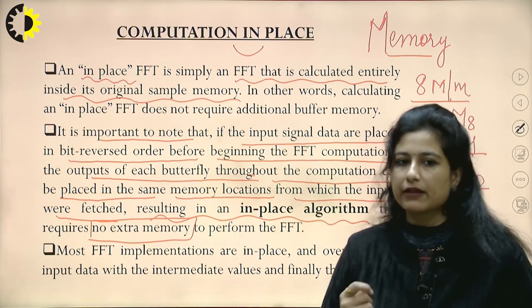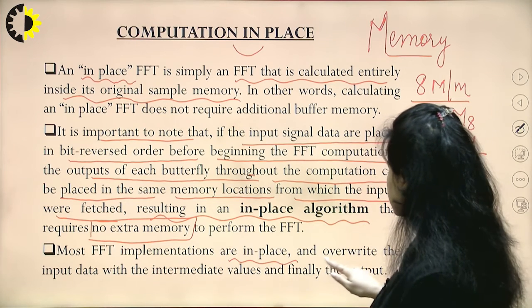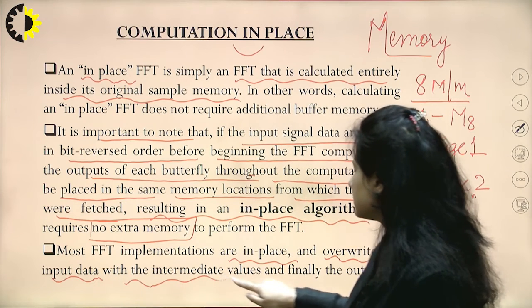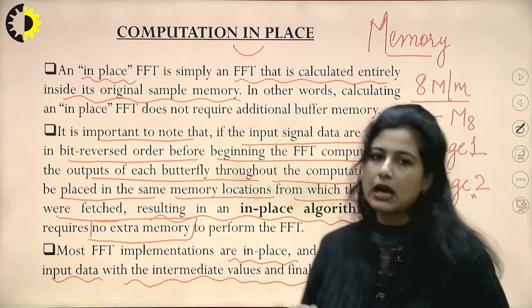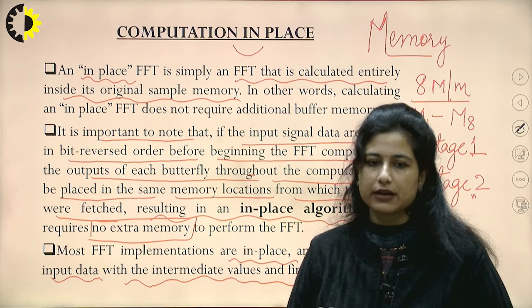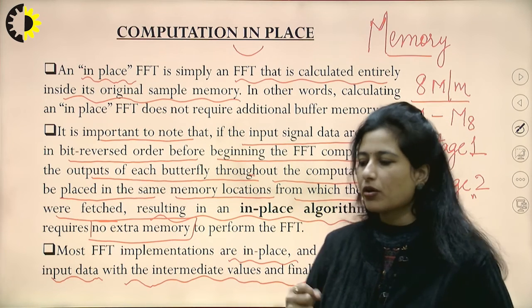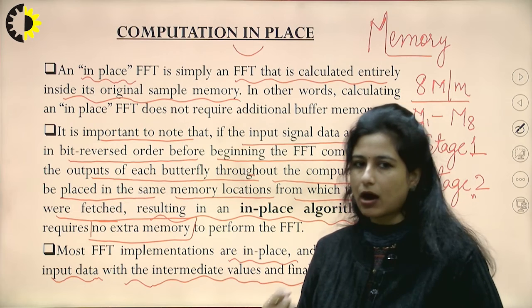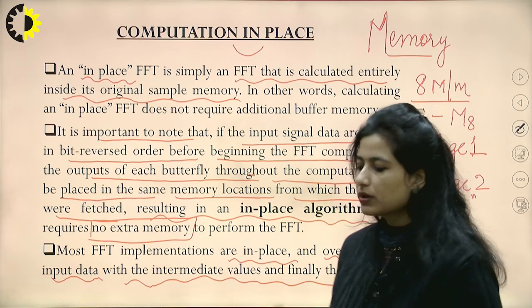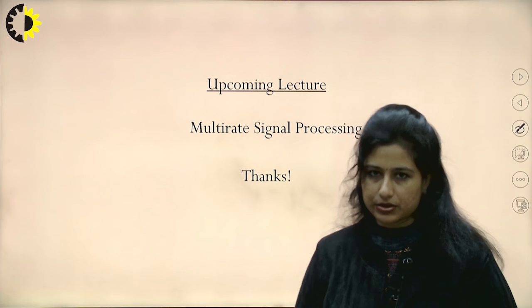Most of the FFT implementations that we have are in place. So we can overwrite the input data with the intermediate values and finally the output. Using this butterfly diagram, in short, I am trying to save memory. This unordering of the sequence at the input, or receiving the unordered sequence at the output, has the advantage of saving memory.